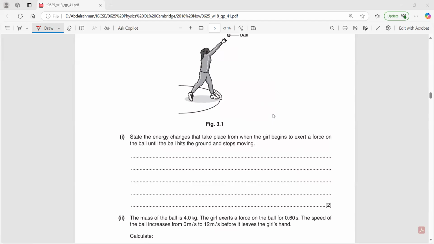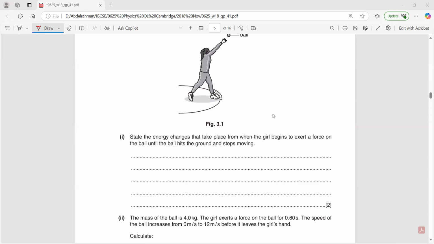Initially, the girl had what type of energy stored inside? Inside our bodies we have chemical energy stored. So chemical energy is transferred to kinetic energy as the ball moves.